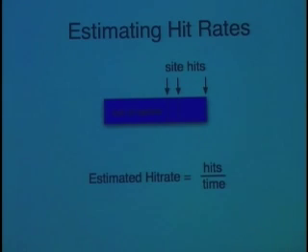So we can estimate a hit rate this way, where we have 3 site hits over this period of time, and that's going to be our estimated rate. An alternate way of thinking about this is we're trying to find the average interval in between hits while the site is out of cache. And by taking the inverse of that average interval, we get the estimated hit rate.